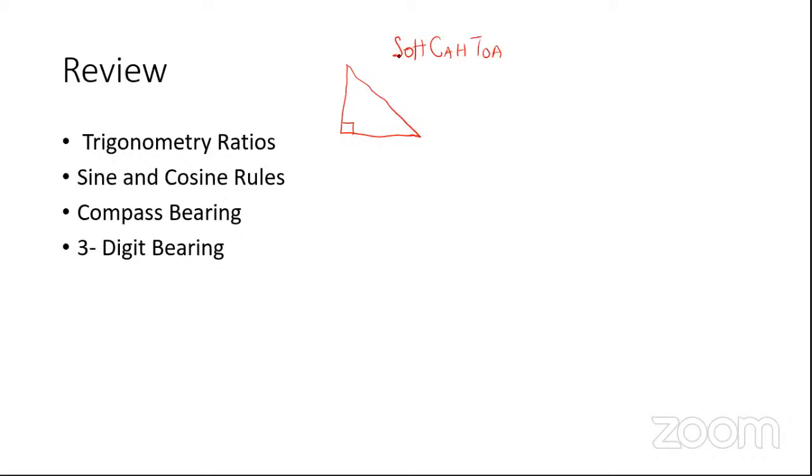Majorly, we looked at trig functions. And the major trig functions are sine, cosine, and tangent. So our conclusion then was that sine of an angle, call it theta, equals opposite over hypotenuse. We also talked about cosine, that cosine of an angle theta equals adjacent over hypotenuse.